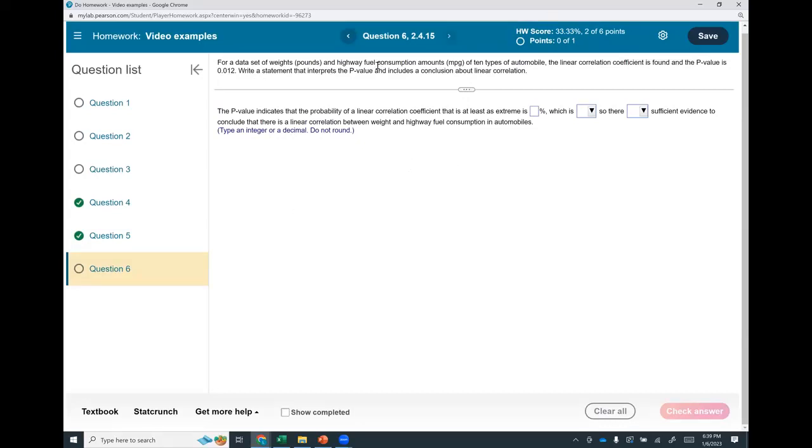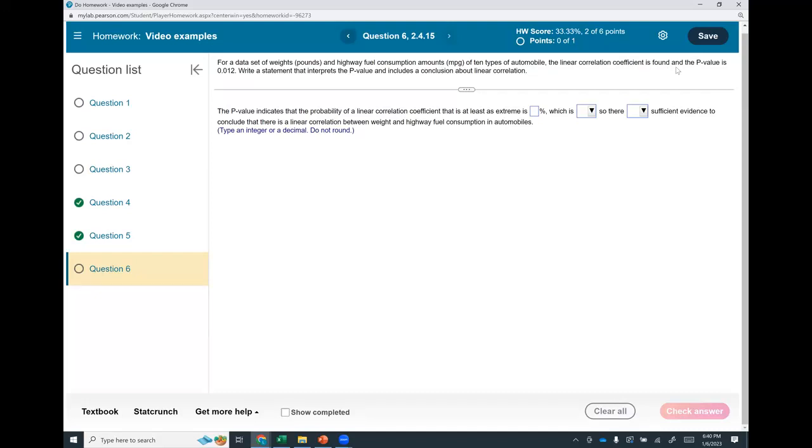Okay, so it says, because I really want to show you StatCrunch as well, for a data set of weight in pounds and highway fuel consumption amounts of 10 types of automobiles, so there's our 10. Will we need it? We don't know. The linear correlation coefficient is found.